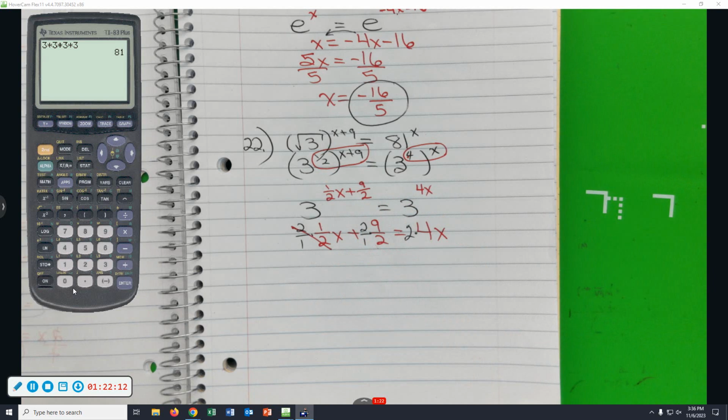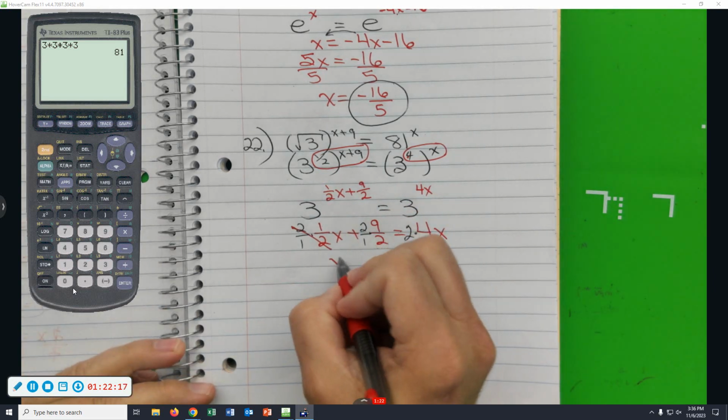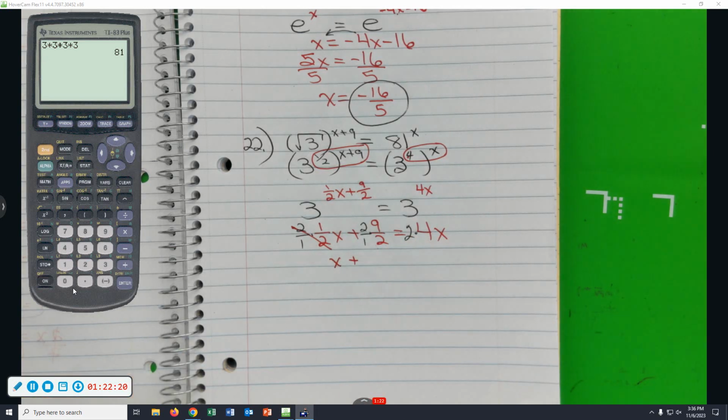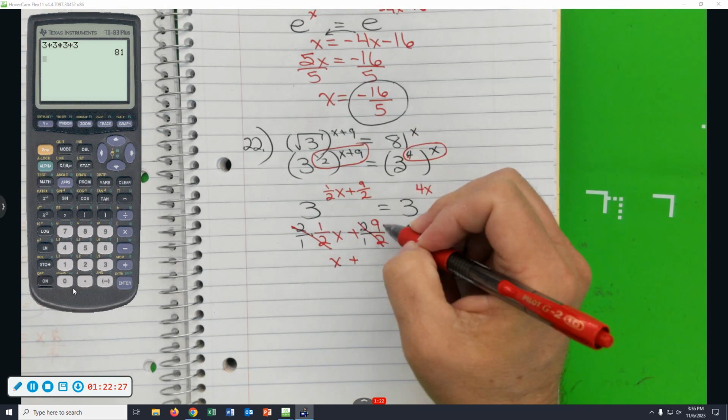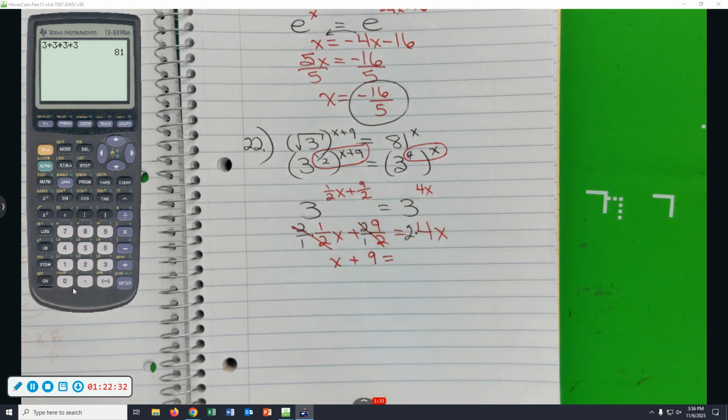That cancels, leaving us 1x plus, what are we going to get here? The 2 is going to cancel, leaving us a 9 over 1, which is a 9. 2 times 4x, 8x. I'm going to solve this trying to get the fewest negatives possible.